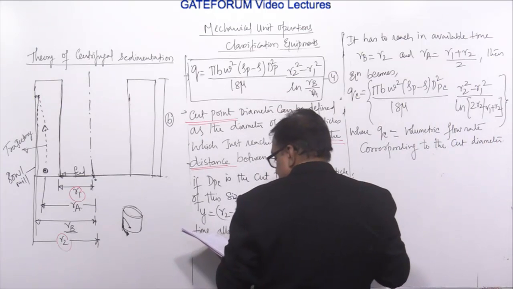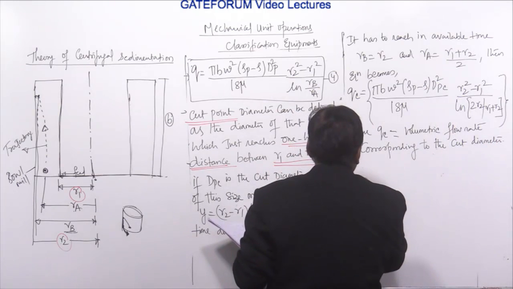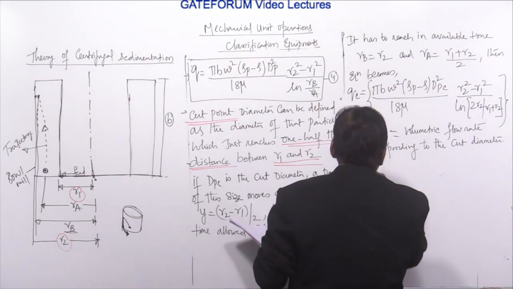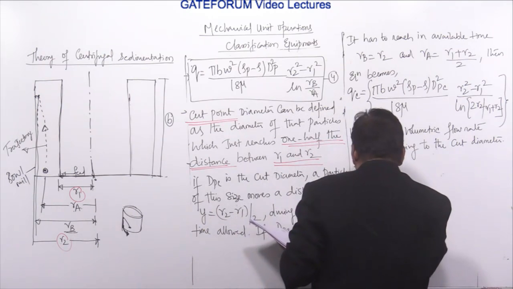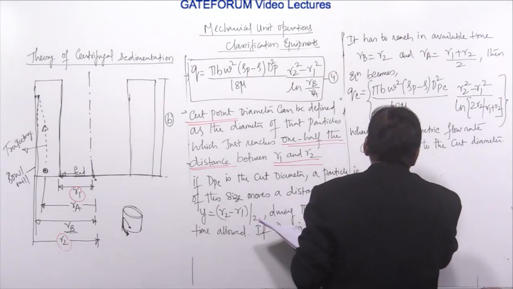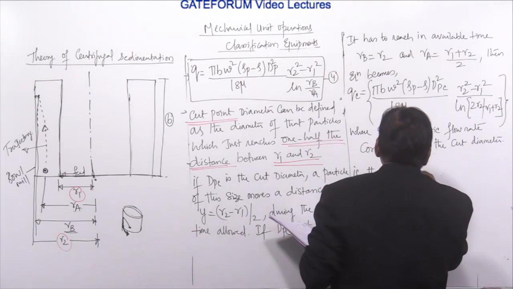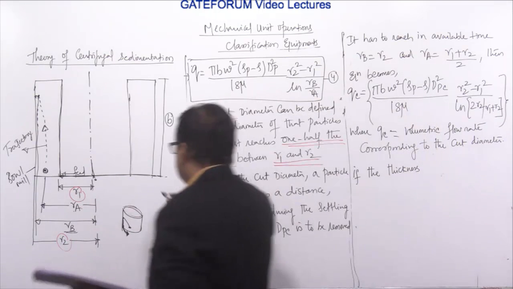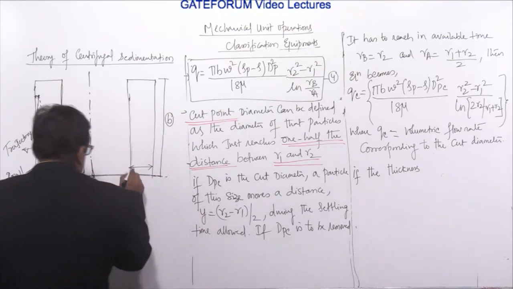Okay, right. The thickness of the liquid, that is very important. If the thickness is good, then only we can talk more about it. What is the thickness? Thickness is this.